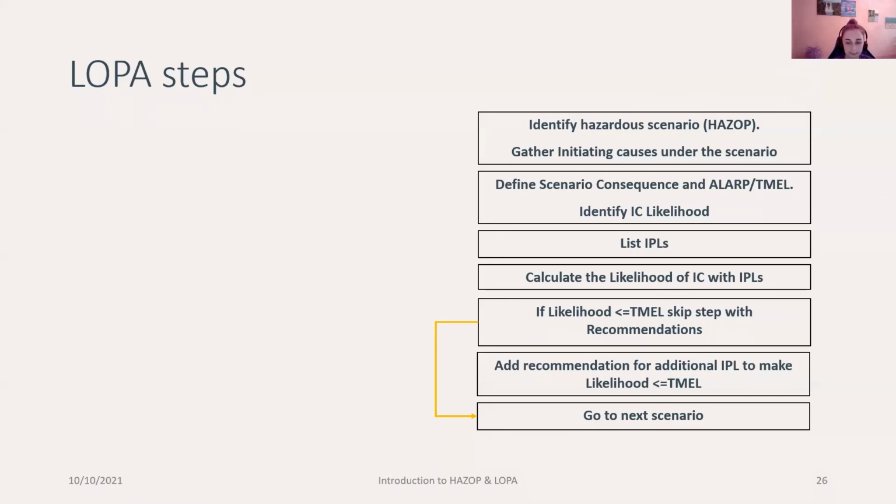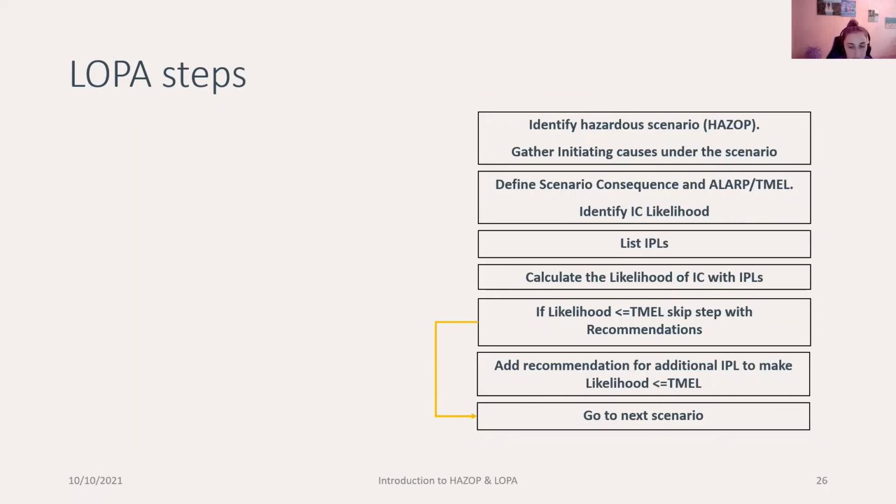You are assessing that yes, you have this hazardous scenario, and your target is that, but with all the safeguards and all the initiating causes, the likelihood of your scenario is not exceeding the TMEL. So we're totally happy, we're okay, we can move to the next scenario.